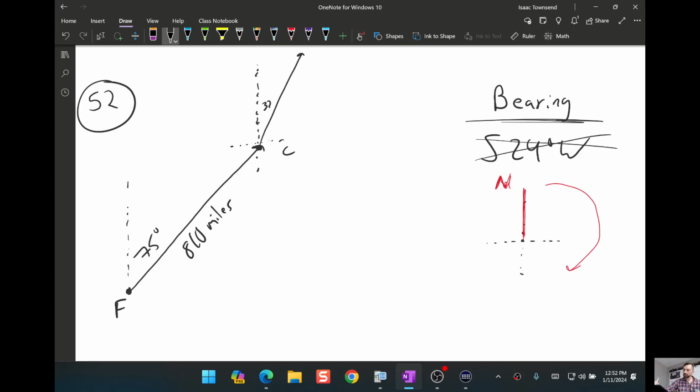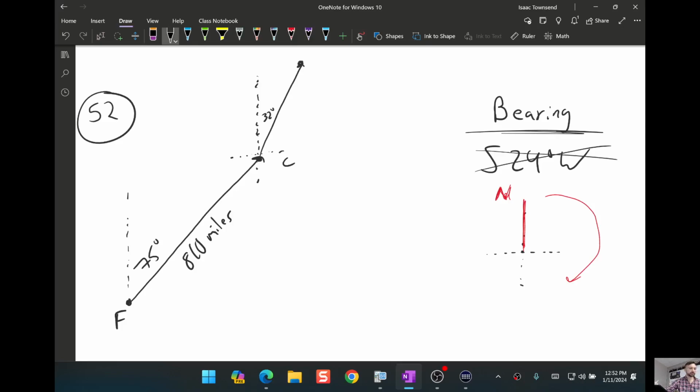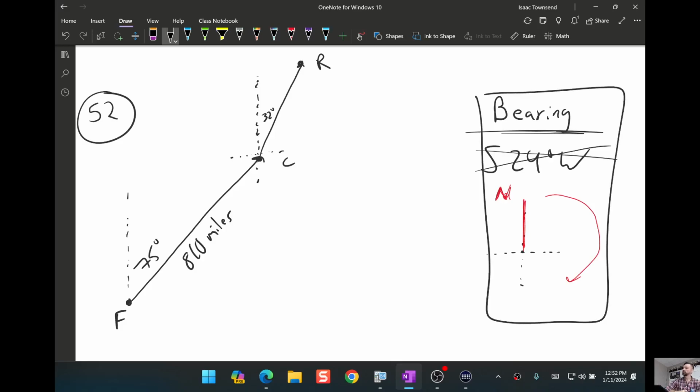So that would put this to be about 32. And that gets you to the third city, Rosemont. That's the part you need to make sure you update on your paper here. It's just an important type of bearing. No directions, north line measured clockwise.